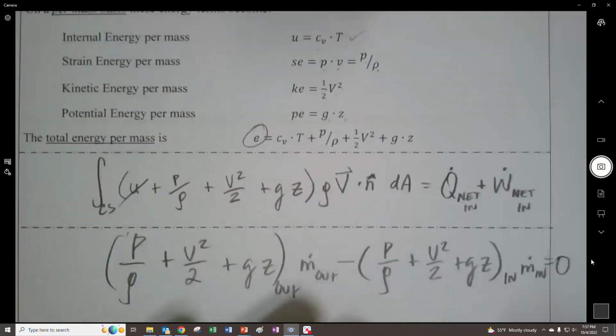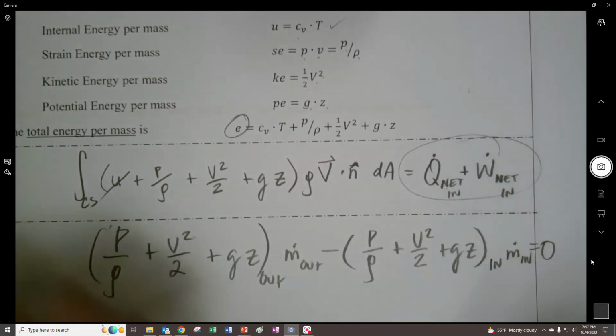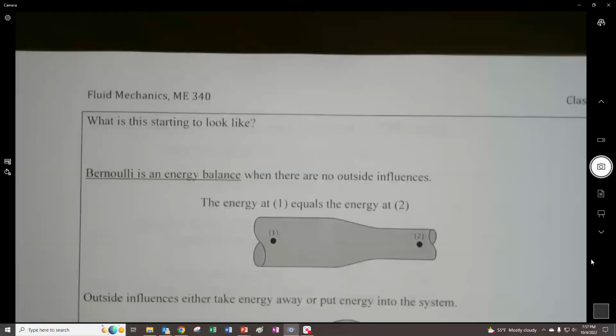And set that equal to 0 if this hasn't changed. Well, that right there, that's Bernoulli.